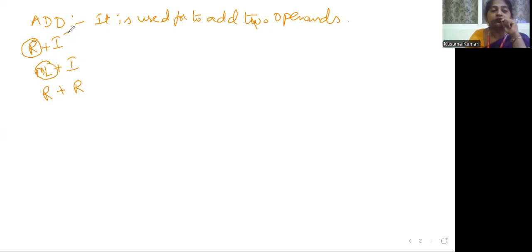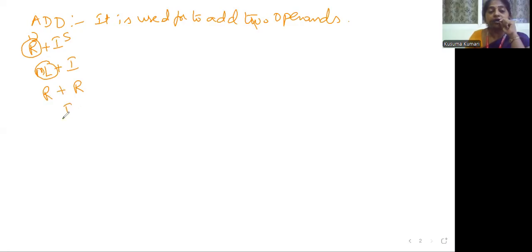The source operand is added with the destination, and the result remains available in the destination.